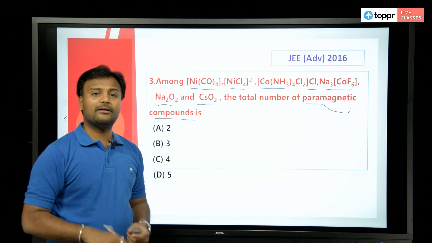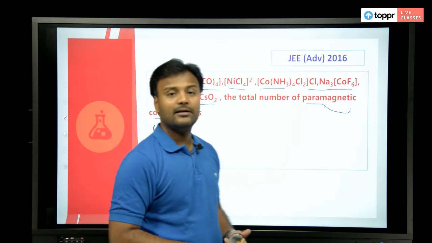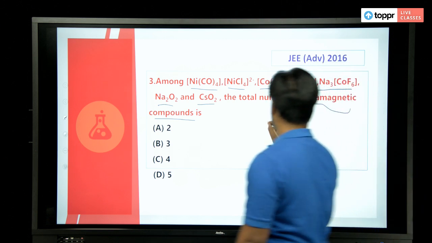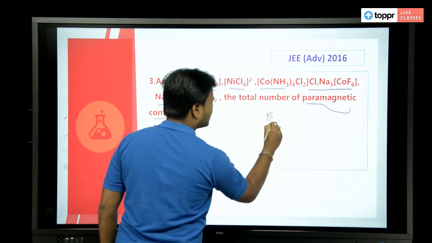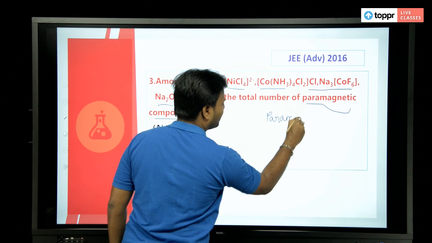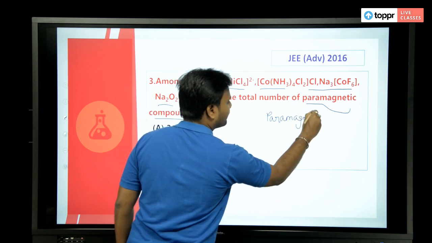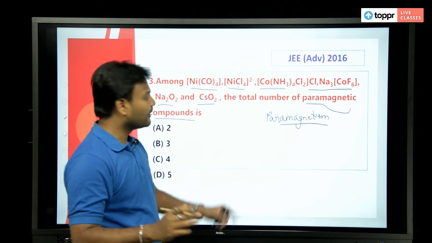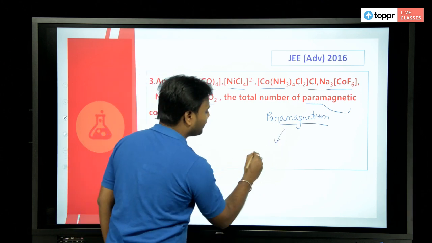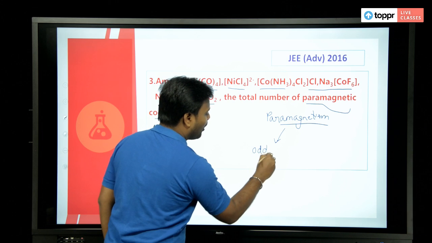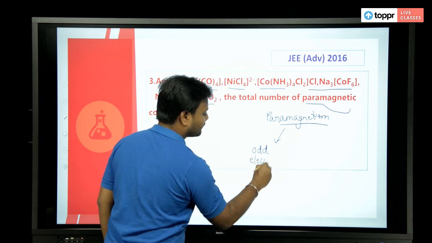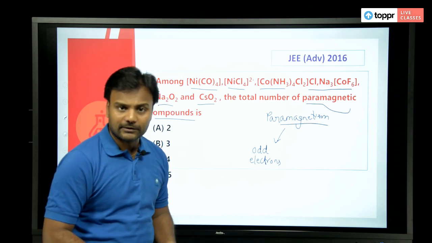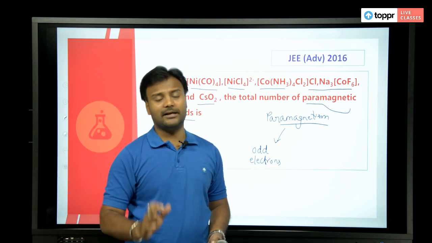So what is your answer? How do you find out the number of unpaired electrons? See, here, paramagnetism. You can say any odd number of electrons are always paramagnetic in behavior.